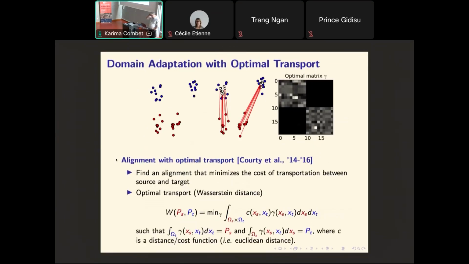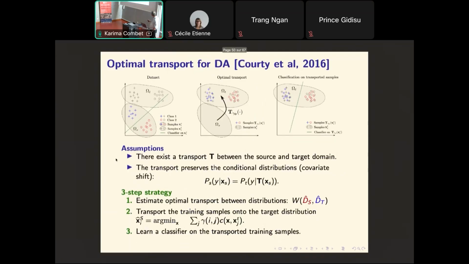So the idea is that you take the source data, you have the target data, you compute the optimal transport path between source and target. And then this allows you to know exactly how to transport the source data to be close to the target. And then you learn the model in the projected space. So this works like this.